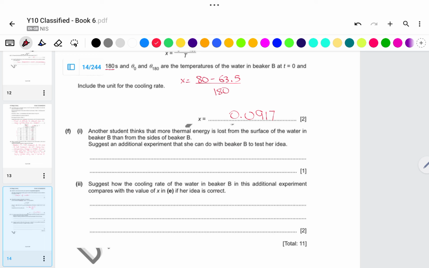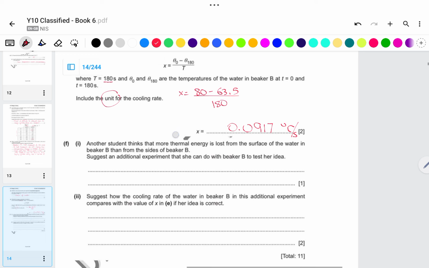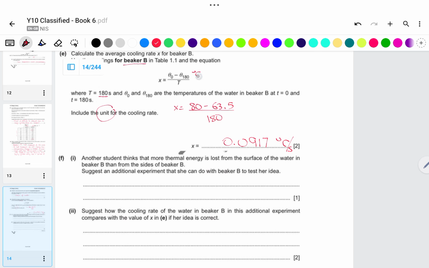And of course, I forgot to put the unit. So degrees Celsius per second, because here this is degrees Celsius for the temperature and seconds for the time.